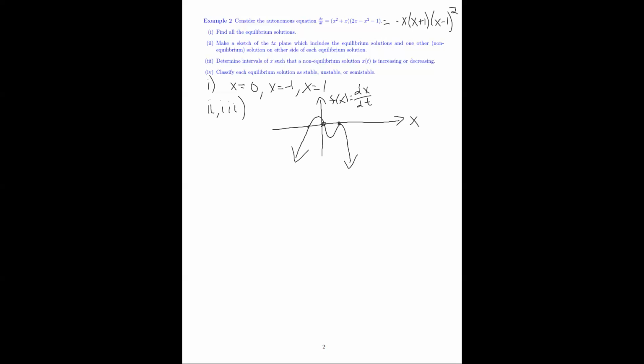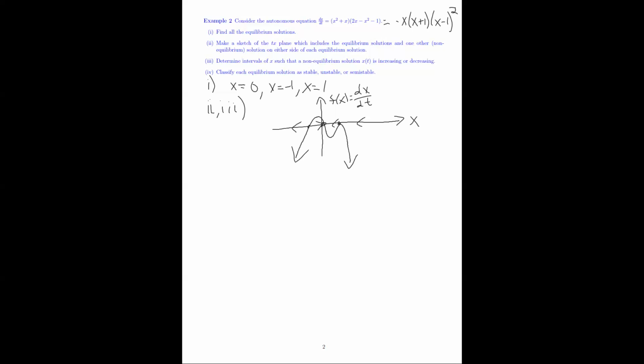So what does this tell us? Let's write down what this means about the phase line. Well, our function dx/dt is negative on the region to the left of x equals negative 1. So that tells us the function x should be decreasing. So I'm going to draw an arrow to the left there, an arrow to the right here, and left here.